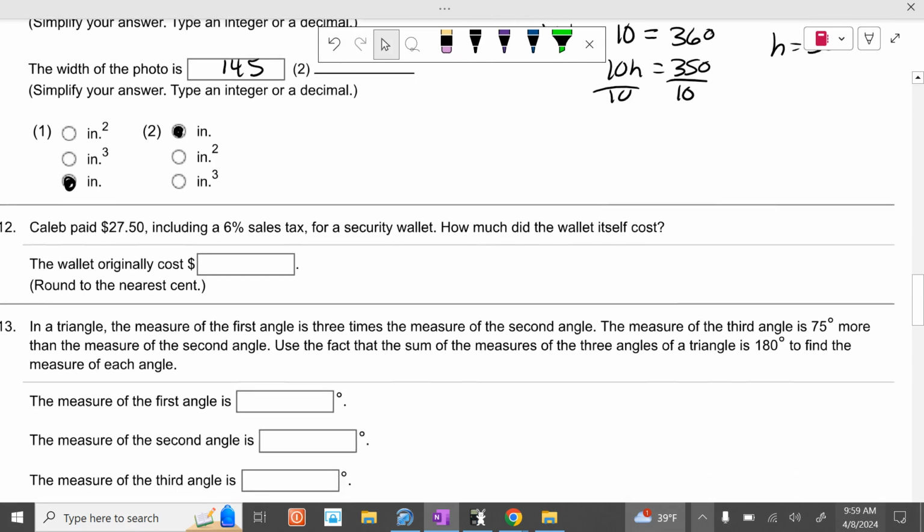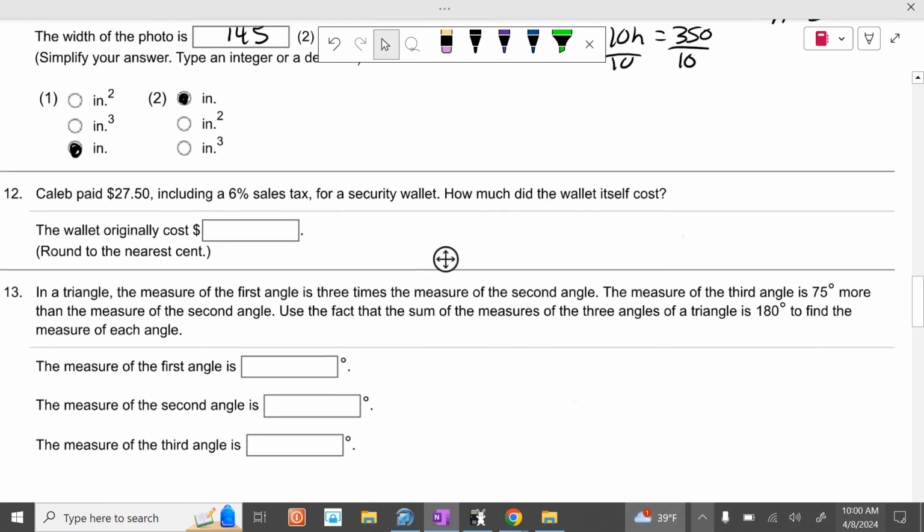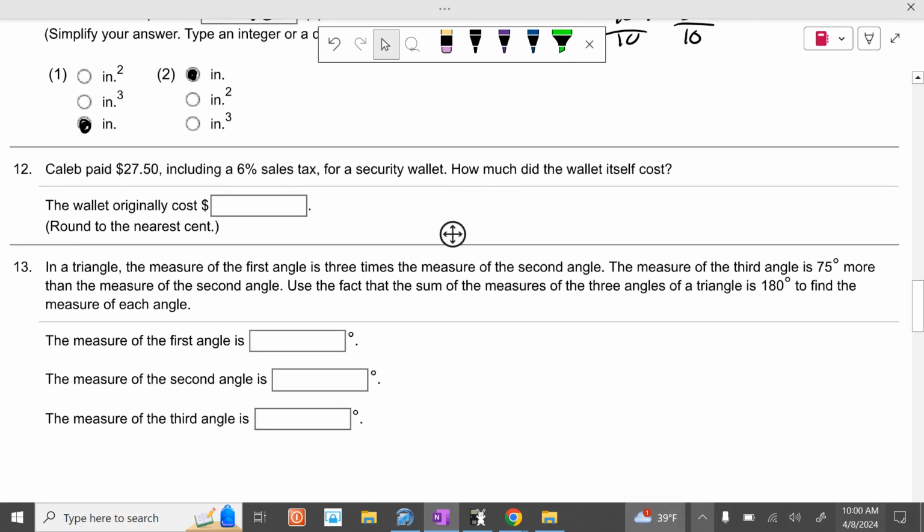Ooh, we do have the sales tax one on here. Okay, sales tax one. This one's a little different. Caleb paid $27.50, including 6% sales tax, for his wallet. How much does the wallet cost before sales tax? So what he paid for the wallet is x plus another 6% of the wallet equals $27.50.